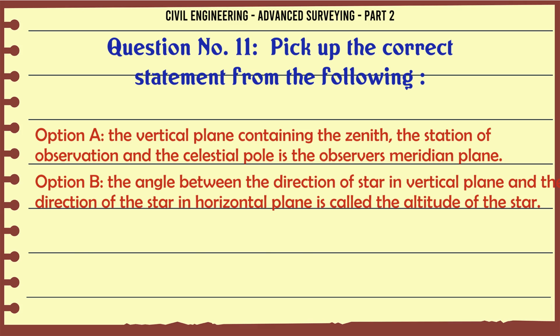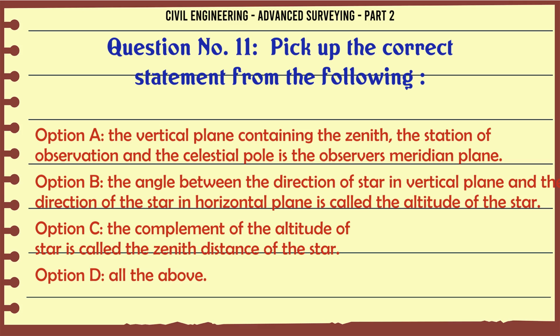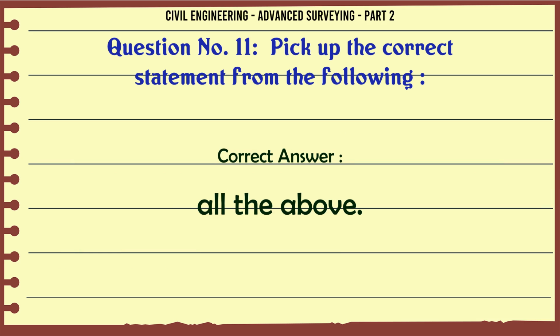A. The vertical plane containing the zenith, the station of observation, and the celestial pole is the observer's meridian plane. B. The angle between the direction of the star in the vertical plane and the direction of the star in the horizontal plane is called the altitude of the star. C. The complement of the altitude of a star is called the zenith distance of the star. D. All the above. The correct answer is all the above.